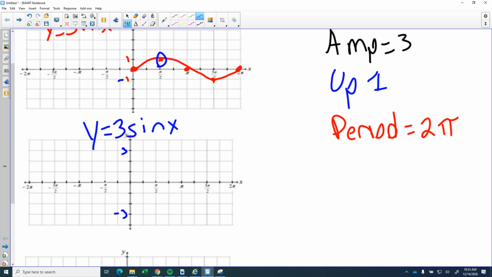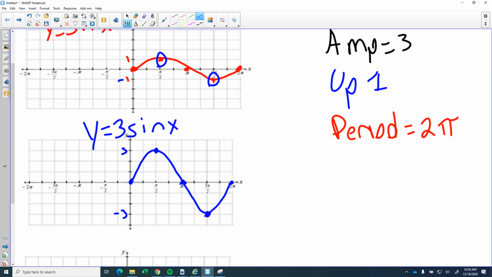So now these coordinates are going to move. But the key thing to understand is that it's not going to affect the values that are originally at 0. It's only going to affect my max and my minimum values by stretching them to that new amplitude. So starting at 0, instead of 1 at pi over 2, it's going to be positive 3. Back down to 0. At 3 pi over 2, it's going to be at negative 3, and then back to 0 at 2 pi, giving me a graph that currently looks like this.